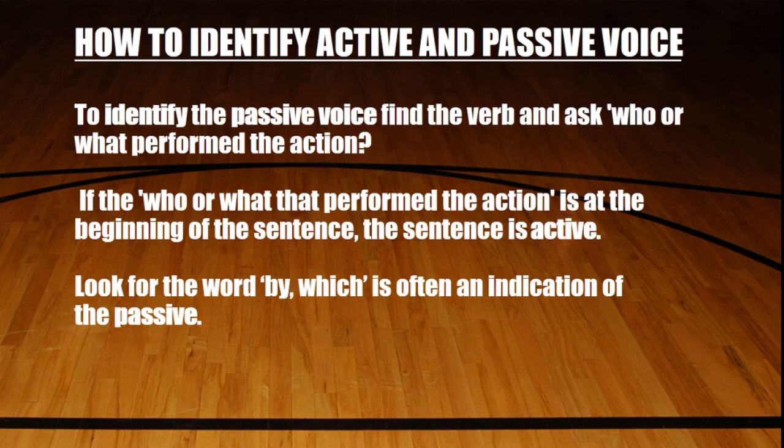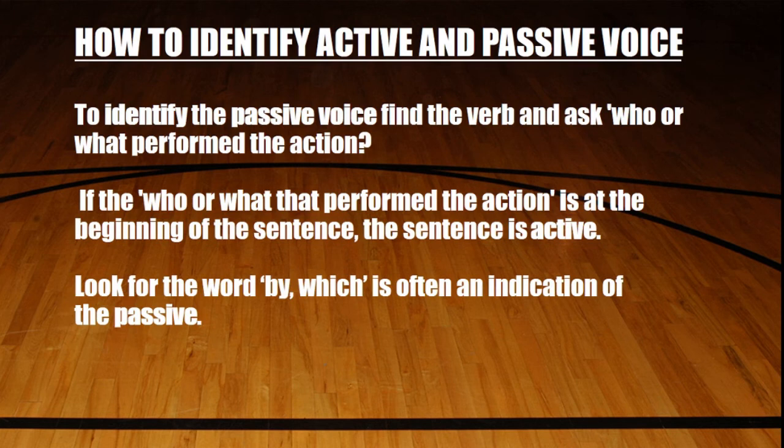So if the who or what that performed the action is at the beginning of the sentence, it is an active voice. Like if you notice all these rules which I have been telling you until now, in the case that you have the subject in the beginning, then it is in the active voice.